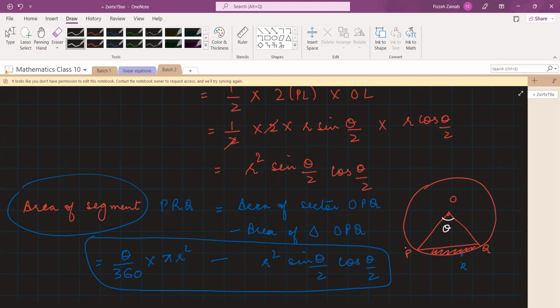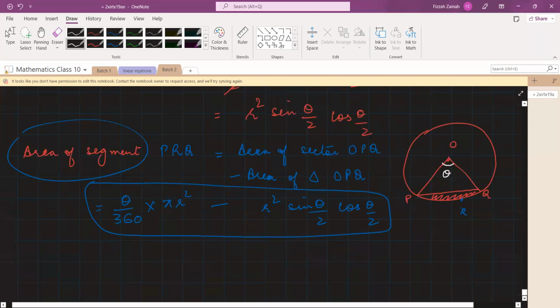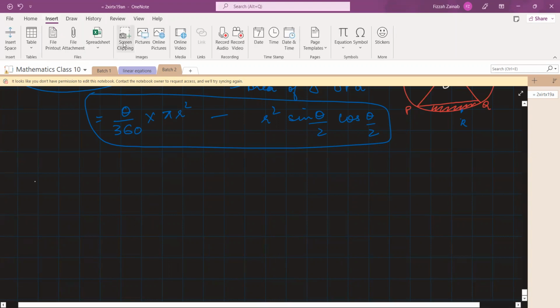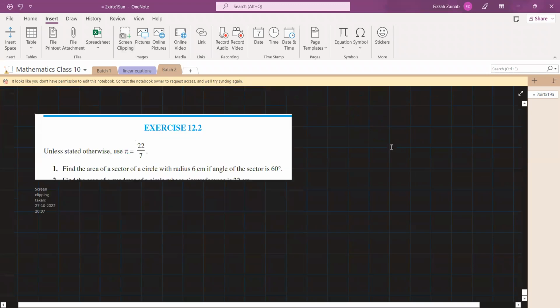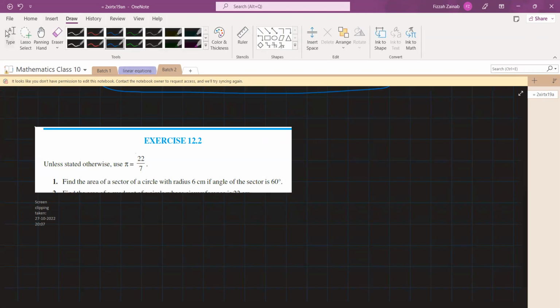Okay, let us do exercise 12.2. It's a very straightforward question: find the area of the sector with given radius and angle.